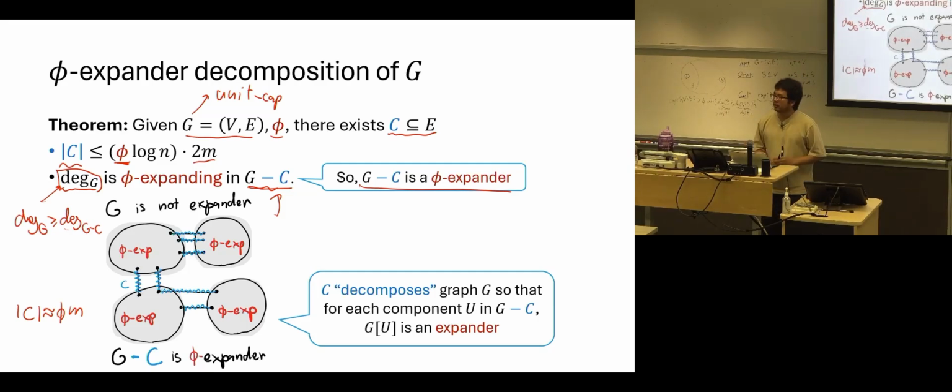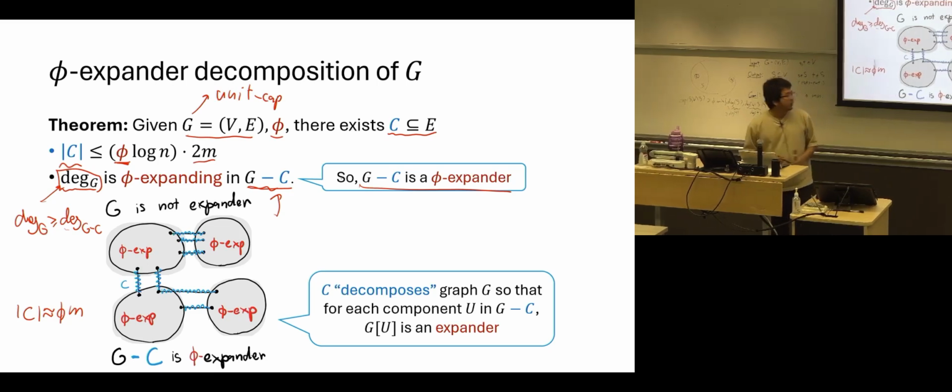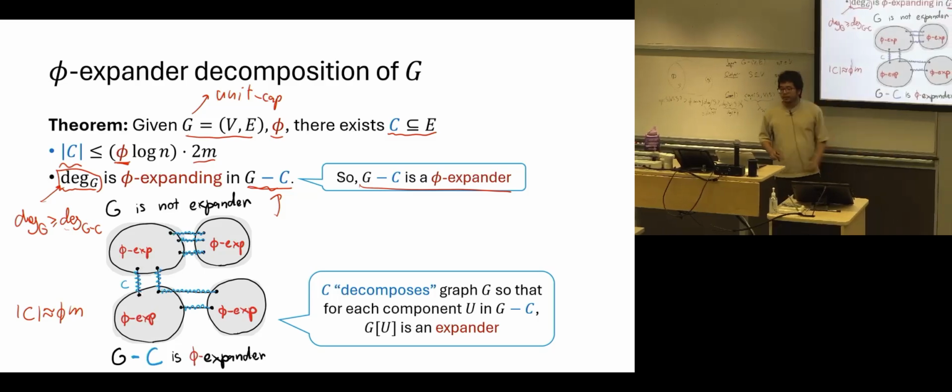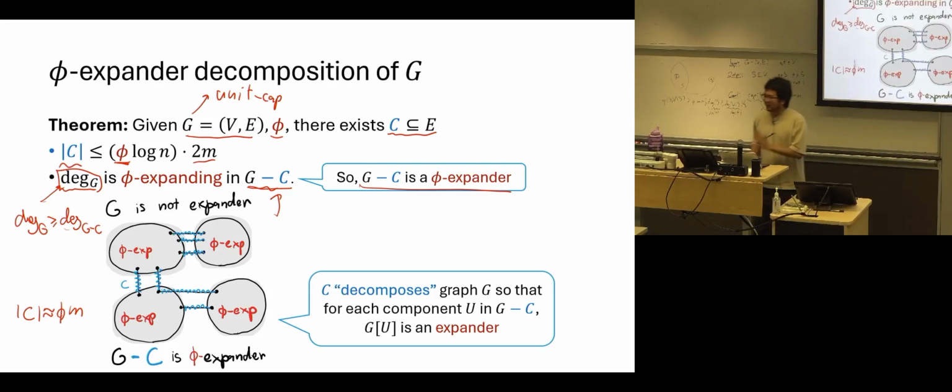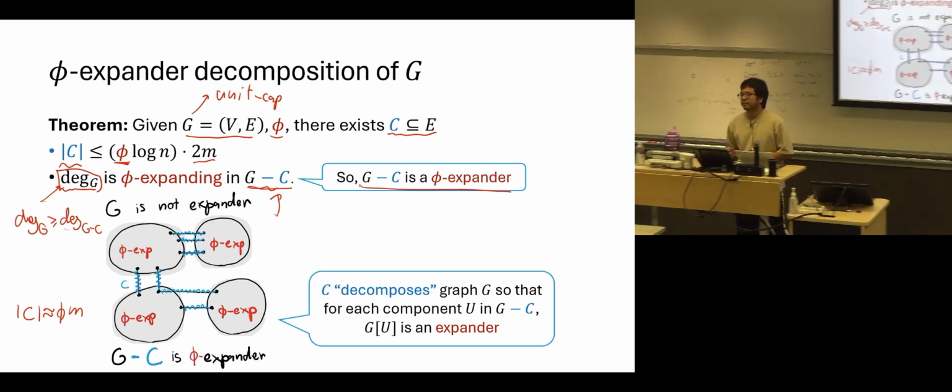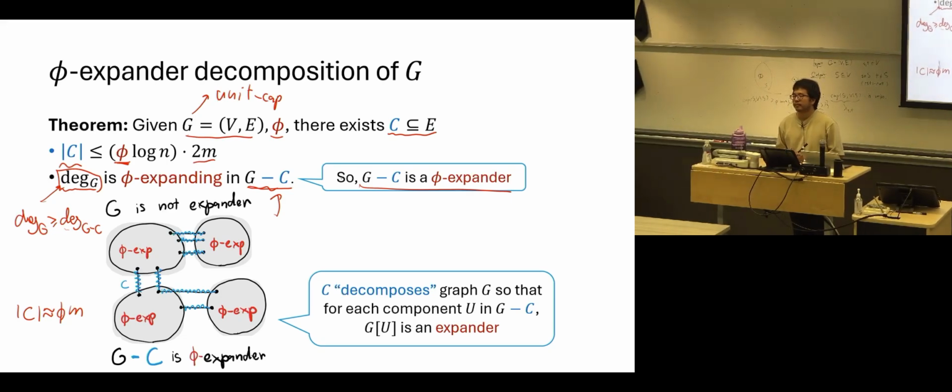Question about the statement: why would each component be a phi expander by itself? Yes. Why would this become a phi expander? This needs a proof, like why we have this actually. I'll show the proof soon. Will this be useful, because don't we remove edges and lose connectivity of the graph as a whole?